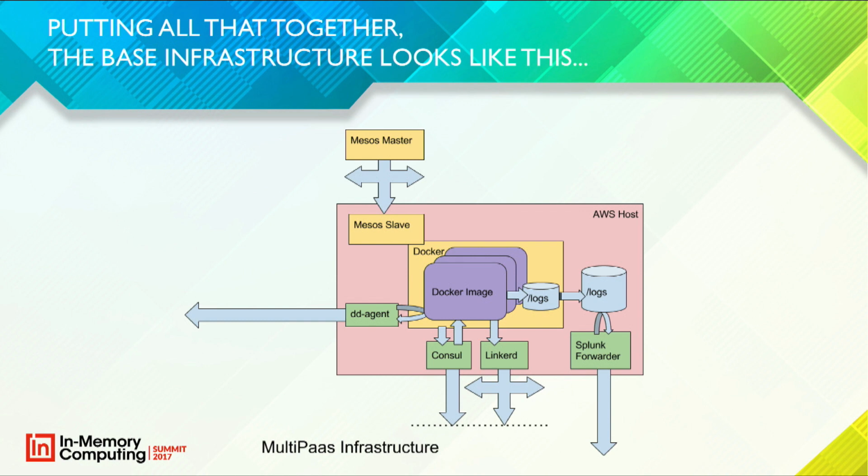Every image, when it starts up, like I said, ContainerPilot is registering that service with Consul, and then the image itself can talk to Consul on local port 8500 and find out what's running on the box, and also what's running out in that region. Linkerd is, as I said, in order to actually know about the mesh of services that are running. And then, of course, the Splunk forwarder, because if you can't see your logs, you're pretty much out of luck.